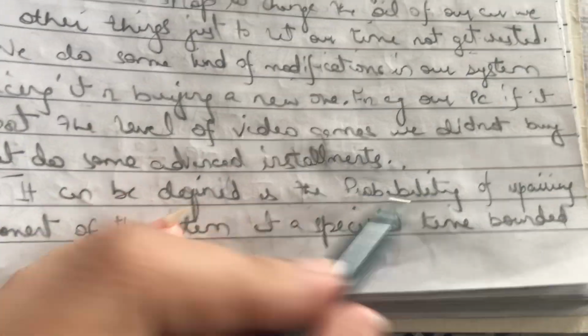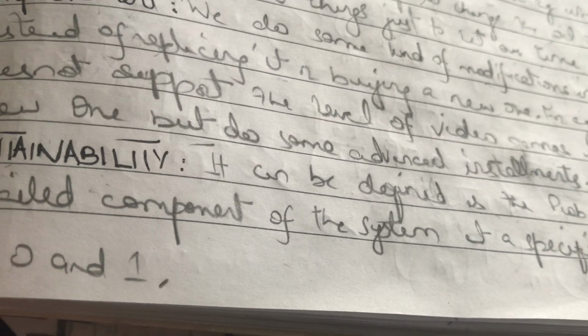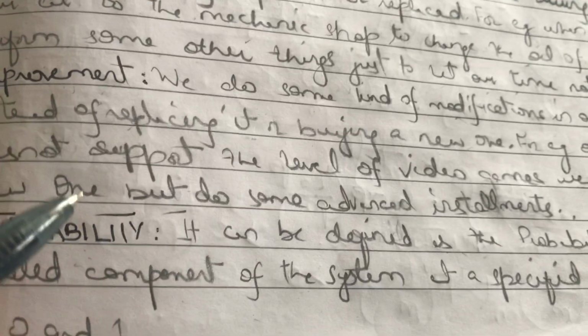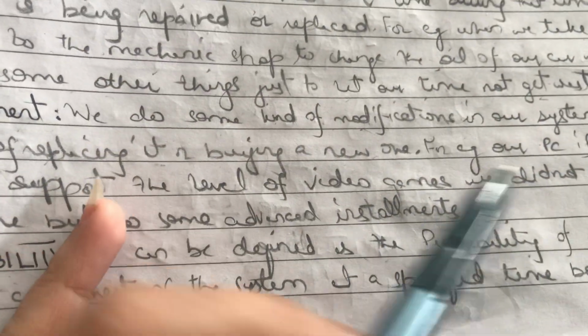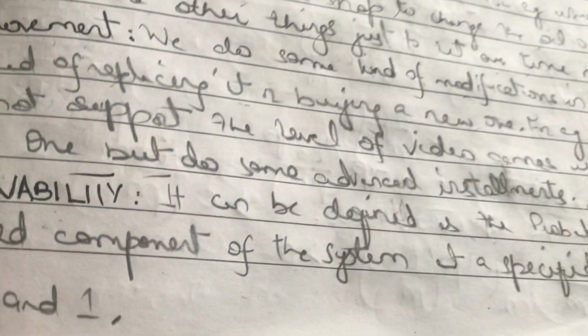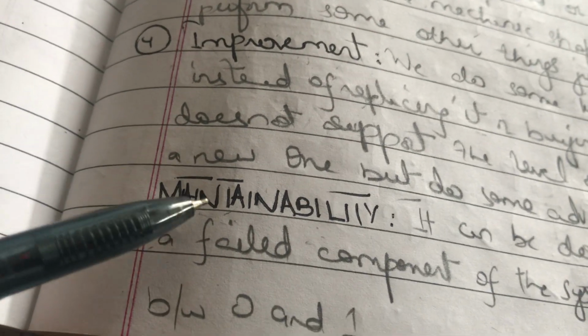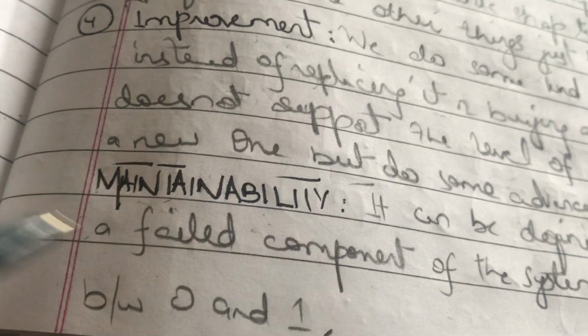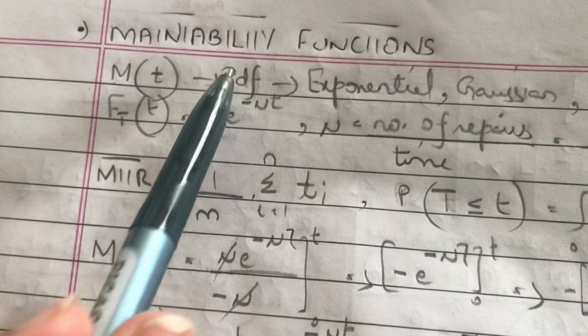So this is basically the probability of repairing our component, the component that has failed, over a specific time, and it is also bounded between 0 and 1. So this is basically the repairing procedure. Got it?